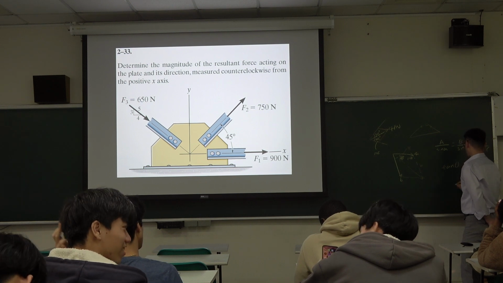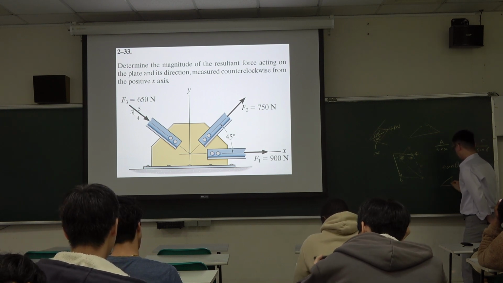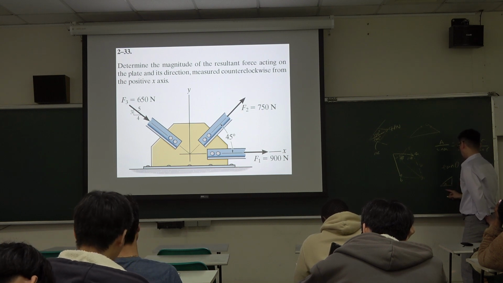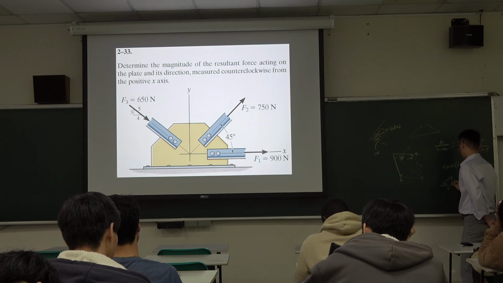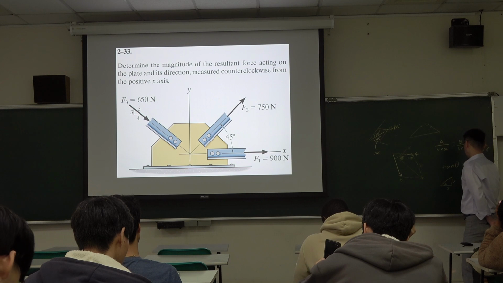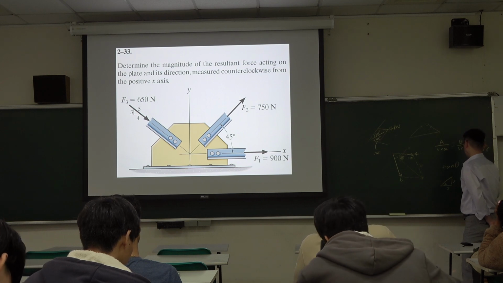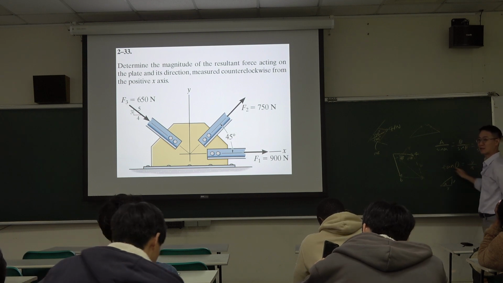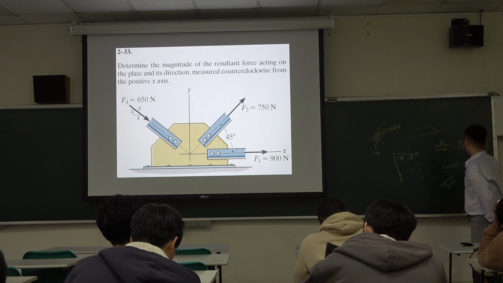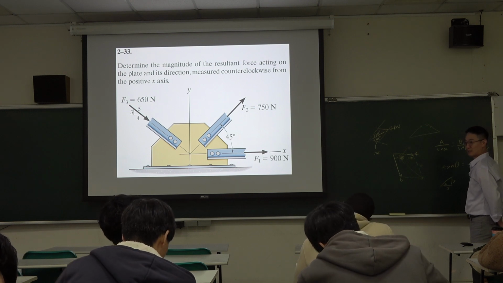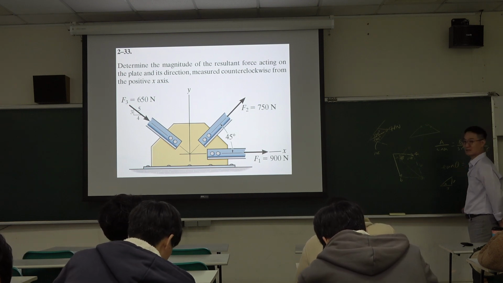For example, tangent theta is y divided by x. So if we work out the resultant force here, we have the x direction summation and the y direction summation, so we can work out theta.